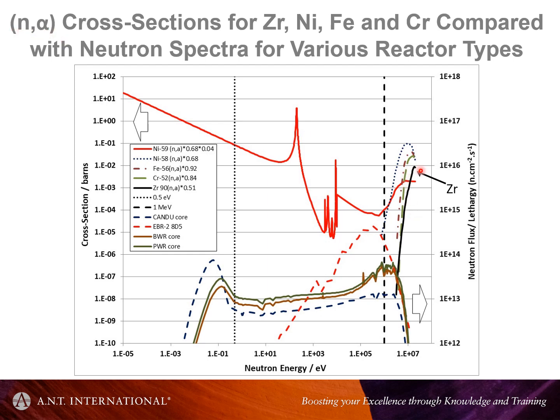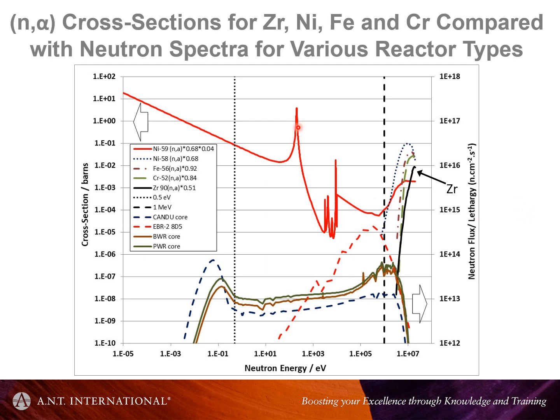So to create alpha particles, helium atoms, with zirconium, you generally have to be at very high energies, and most power reactors don't operate in this energy range. So for the most part, zirconium does not suffer from swelling or helium embrittlement.